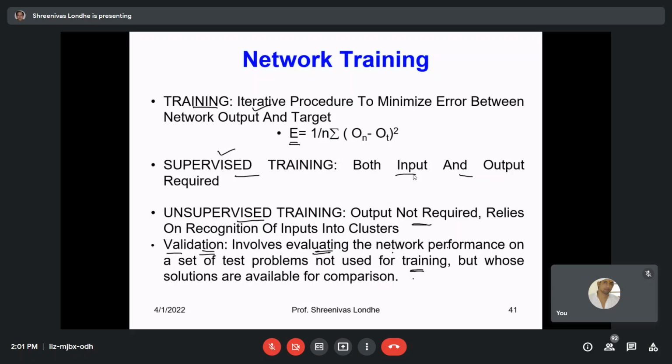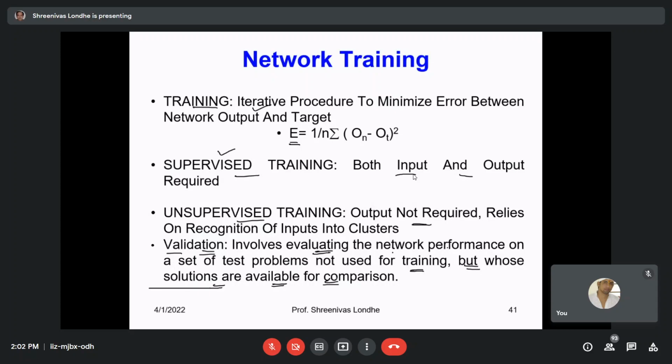For the validation data set, solutions are available for comparison; the answers should always be with you. Then you can do the validation. After validation, you can test your neural network with an unseen data set. So this is the neural network training.